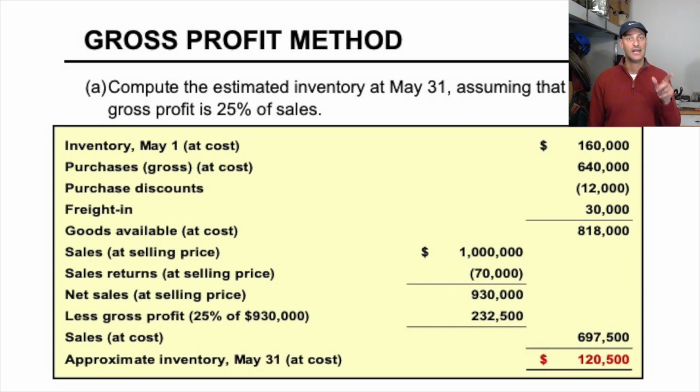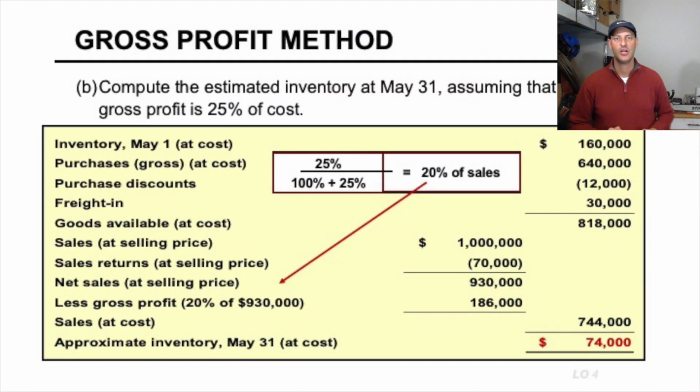Remember, this is percent of sales. 25% is the gross profit as a percent of sales. Well, 25% of $930,000 is $232,500. Therefore, our costs are $697,500. So our approximate inventory at the end of the period at cost is $120,500. That is our calculation. Okay, that's if we did 25% of sales.